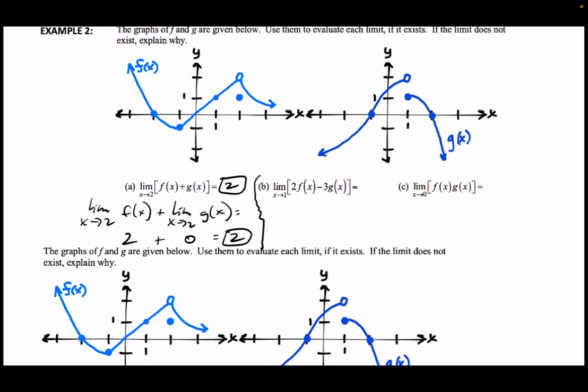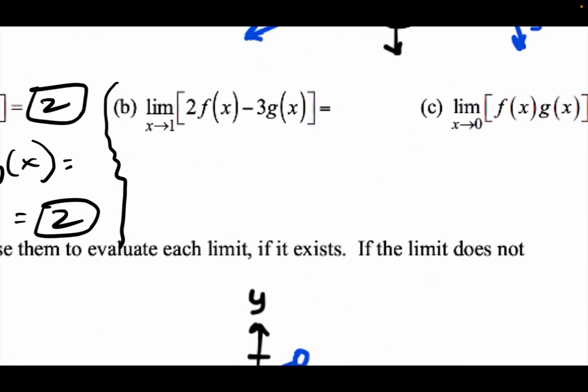So it's kind of a combination of what we did earlier in the chapter when you were finding limits of graphs. The first thing we did this chapter was find the limit of a graph. Okay? So B, we have the 2 in front and the 3 in front. So you're still doing subtraction.